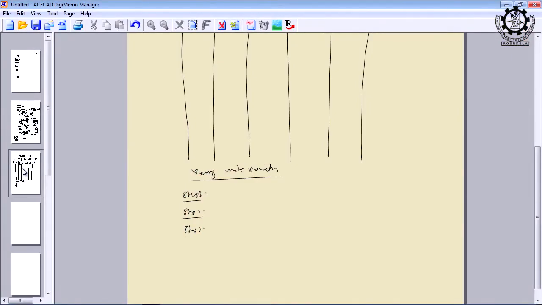What is step 3? The data which is available in the microprocessor will be stored in the respective location using the data bus, and it is also clear that the data bus is bidirectional, the control bus is unidirectional, and the address bus is unidirectional. If you watch these 2 operations, memory read and memory write, it is clear that the address bus is unidirectional, the control bus is unidirectional, and the data bus is bidirectional.